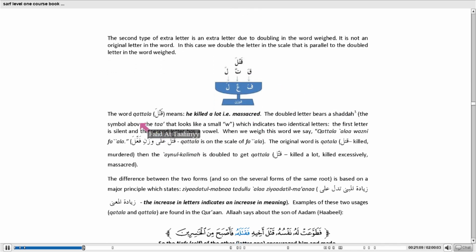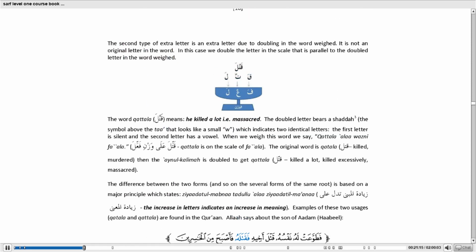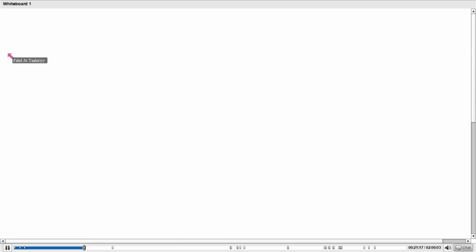Now let me try to illustrate this to break it down for you. Let's take an example here, and this is the scale.